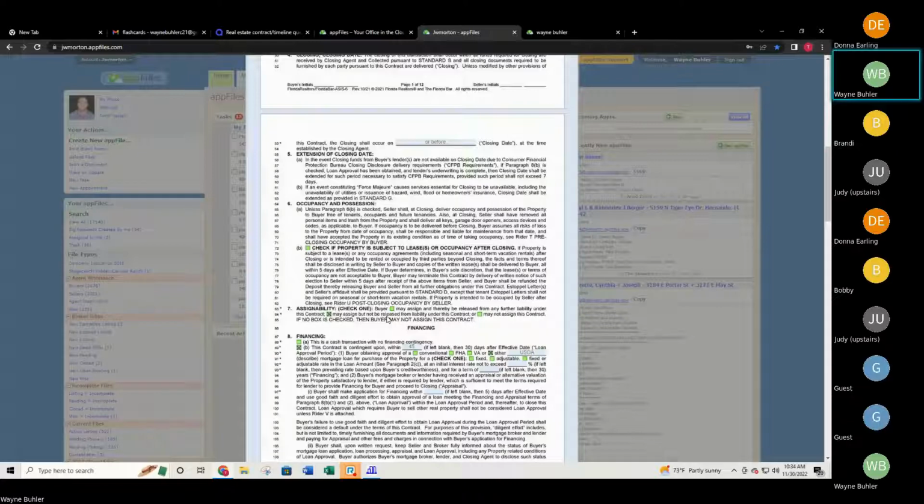They can assign it to someone. They can change the name on the contract for their party. Now, when this one's checked, it says they cannot be released from liability, meaning they're still held liable. But again, the person buying it, the name going on the deed, can be changed, can be assigned without a seller having to sign something, or even know about it.